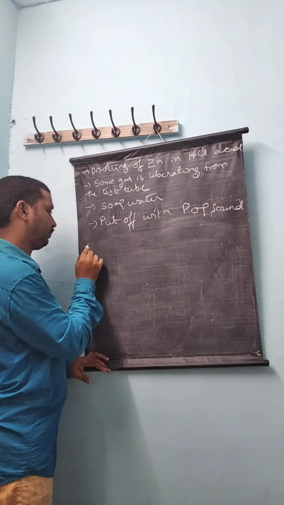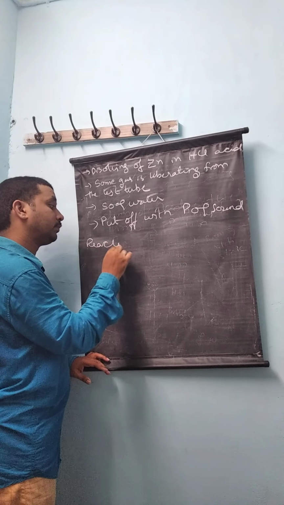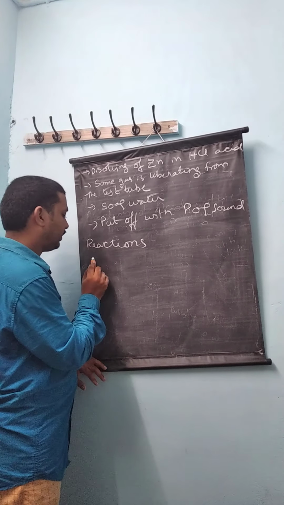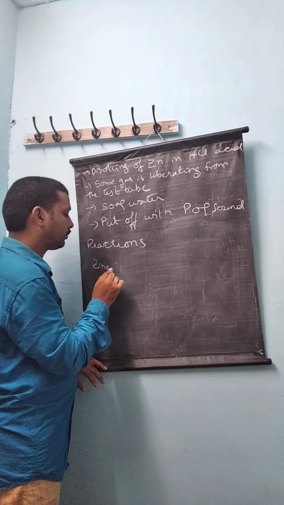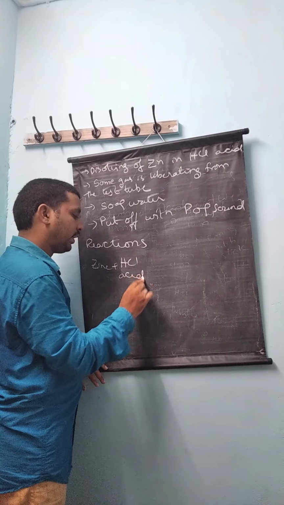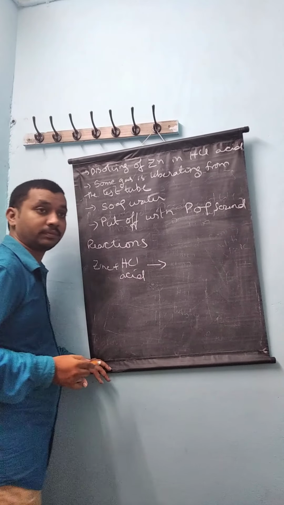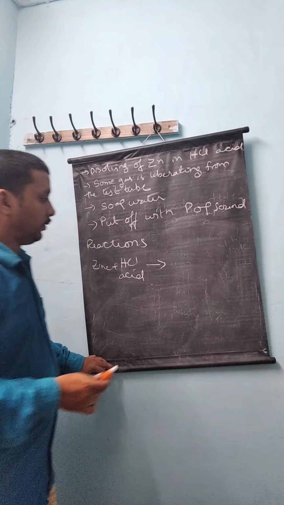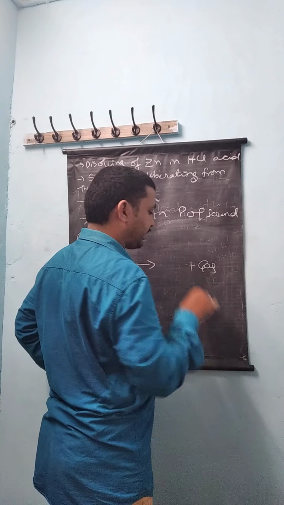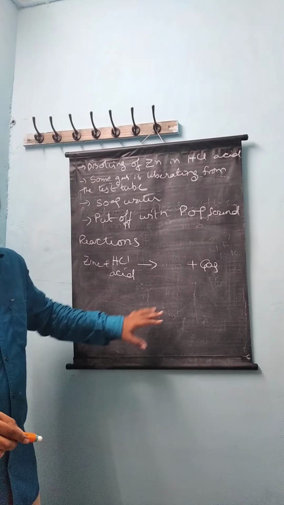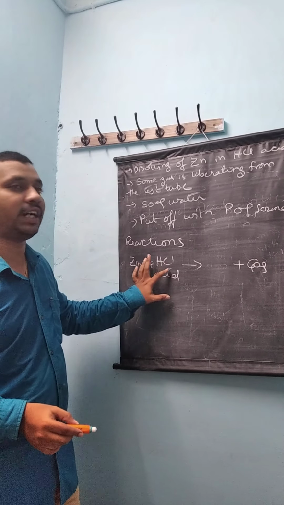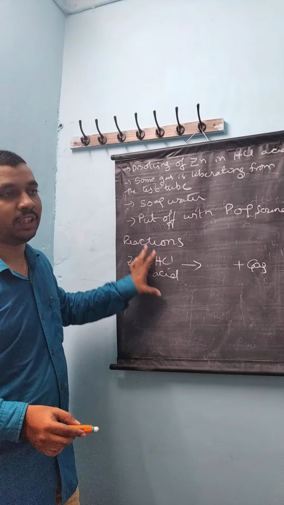Reactions. Here we observed that zinc is reacting with acid. One gas has been liberated, which is a colorless gas. Along with that gas, we observe the dissolving of zinc in hydrochloric acid.